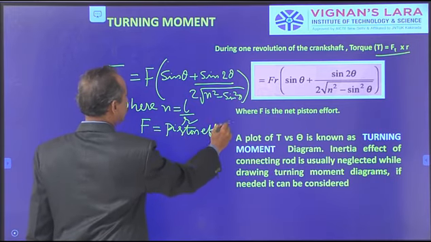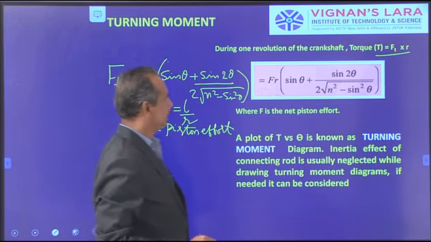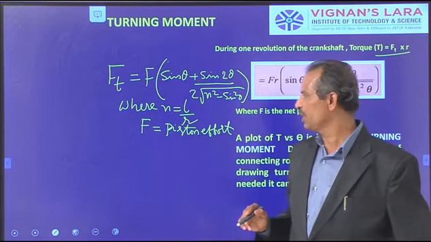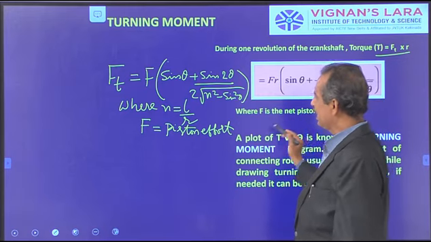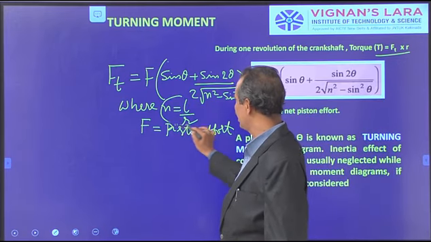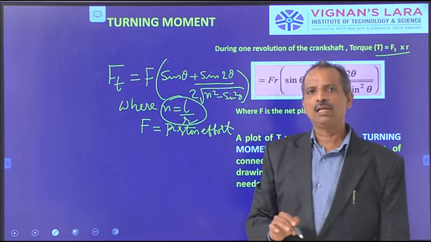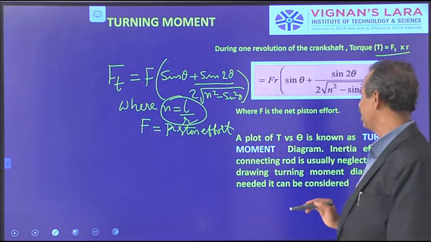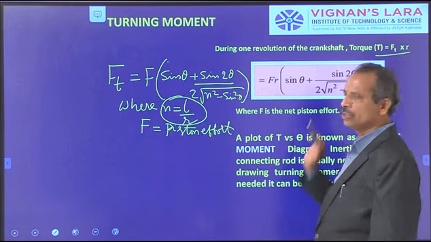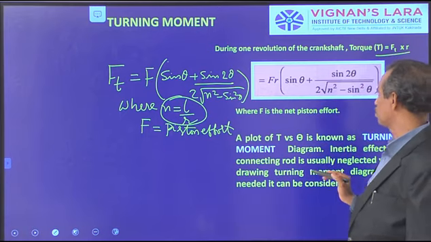So you can see the turning moment is not a constant, it is a function of F, R, theta, N. But N is constant because once we select an engine, the N value is fixed because the length of the connecting rod and radius of the crank is not varied. Then R, once you select that, R is constant.